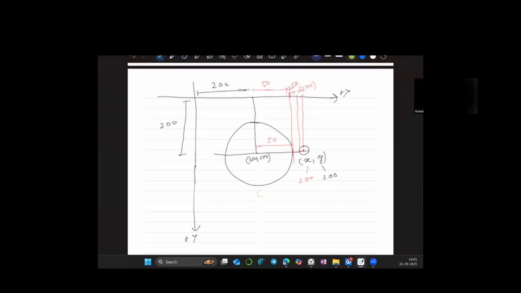If you want to create a circle here, the x-axis is going to be the same, 200. What about the y? For y, we're going to shift up 50 plus 10 plus 10, so it's going to be 270. So the y coordinate is going to be 270.